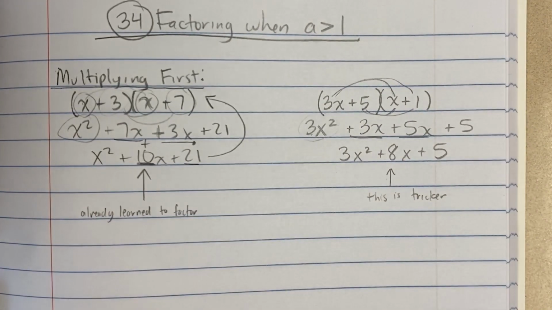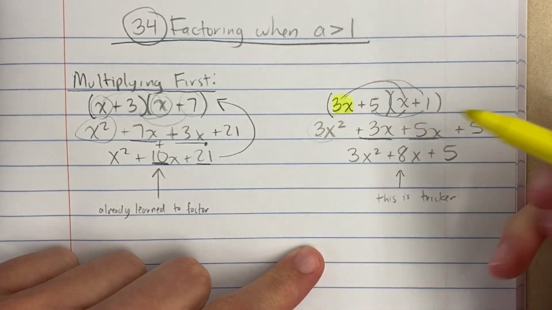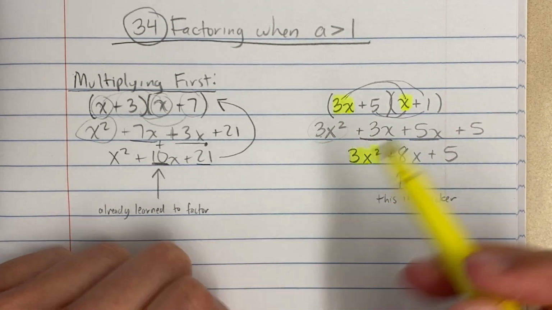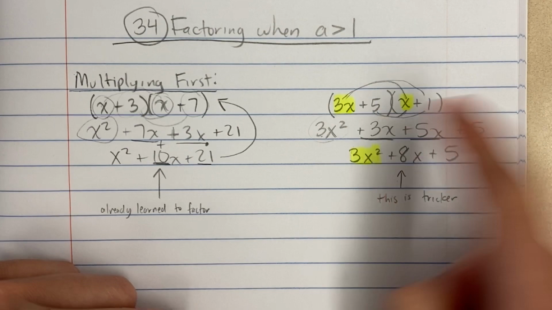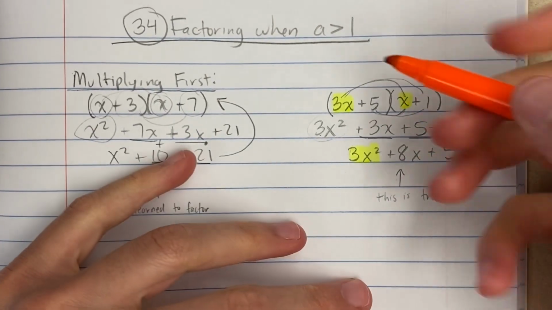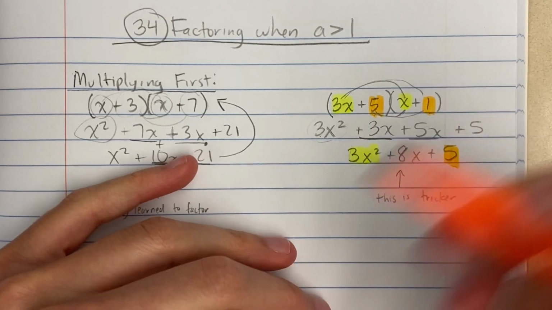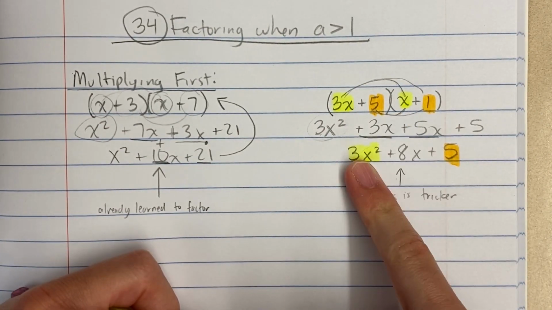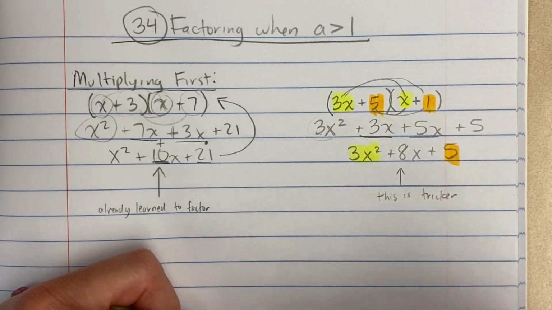But what I want to point out right now is that this 3x times x became this. If you don't have a highlighter, you can underline, and then I'll highlight in a different color, or you can double underline. And 5 times 1 became this. So I want you to observe that when we multiply like this, 3x times x became 3x squared, and 5 times 1 became 5. The middle term is the tricky part, and we're going to get there.